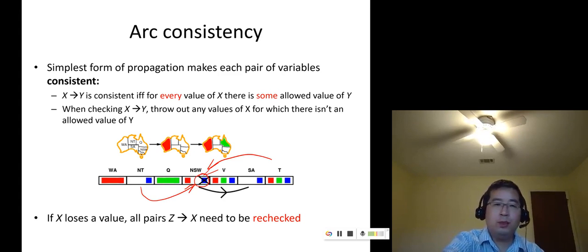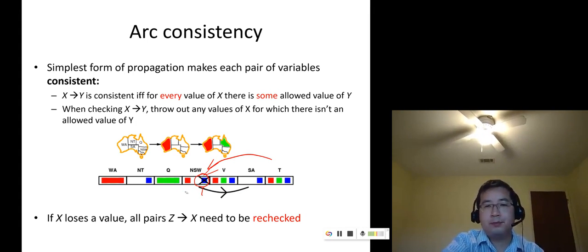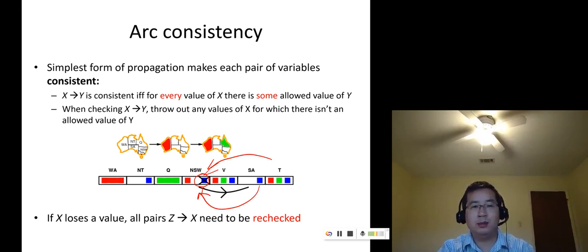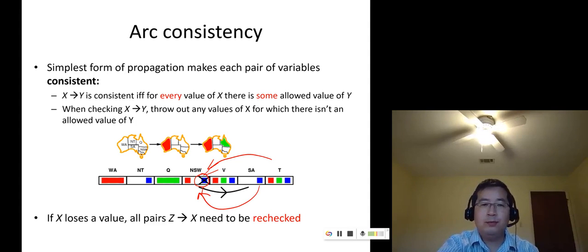So now the legal values have been reduced. This will affect constraints to other variables, like NT to SA, no problem, but like SA to NSW. For this arc consistency, SA to NSW, because you have deleted this value, this one needs to be checked again.